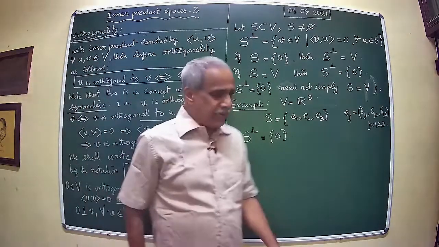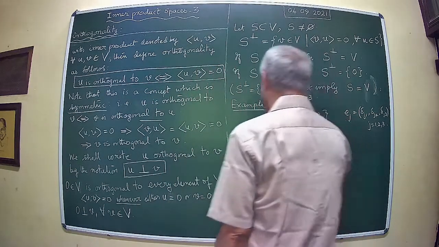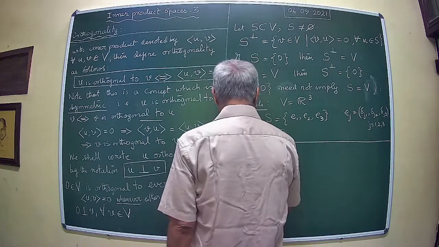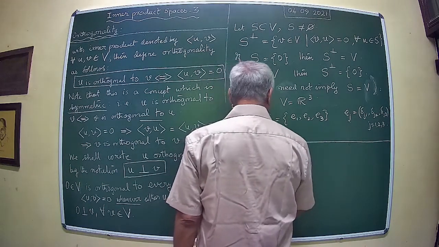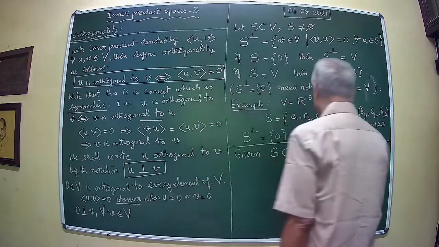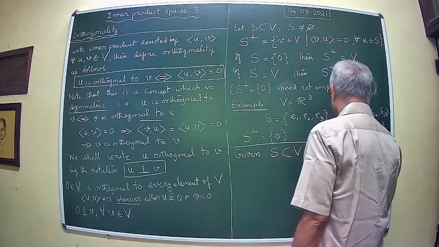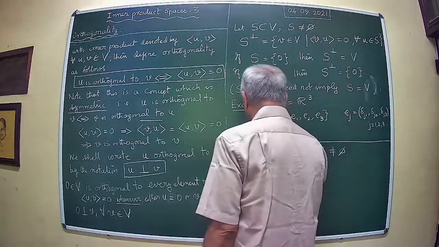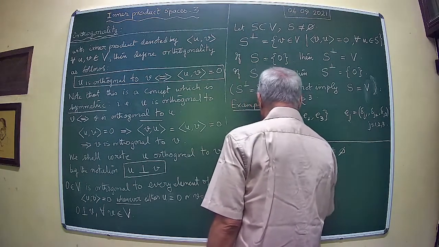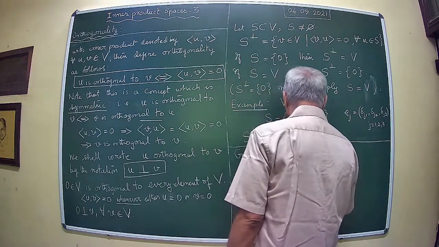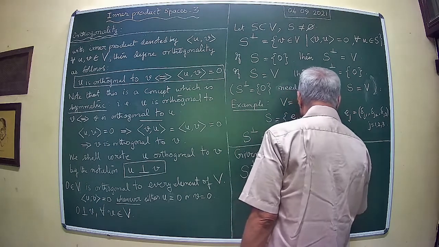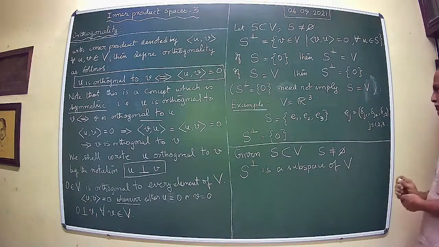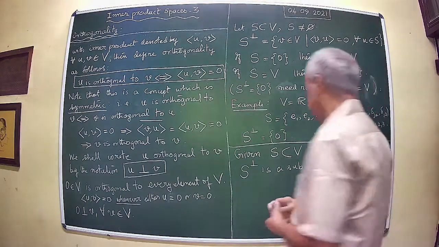So we make another observation. S perp is a subspace of V. Okay.